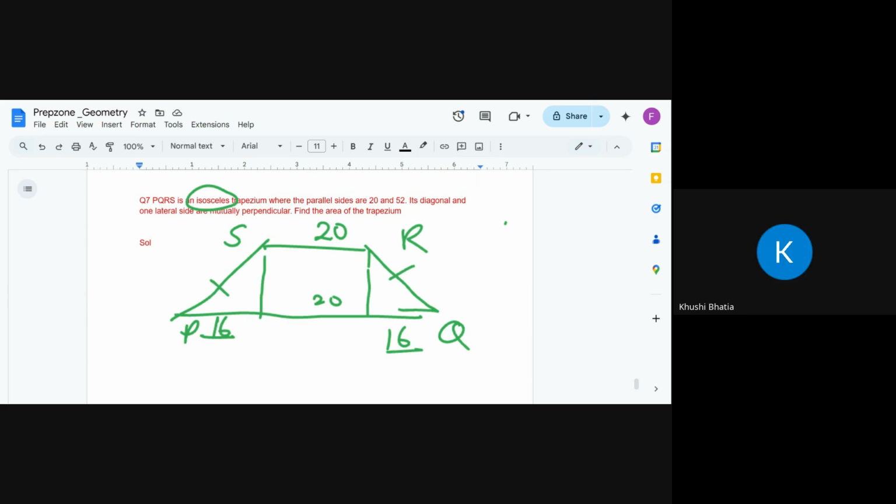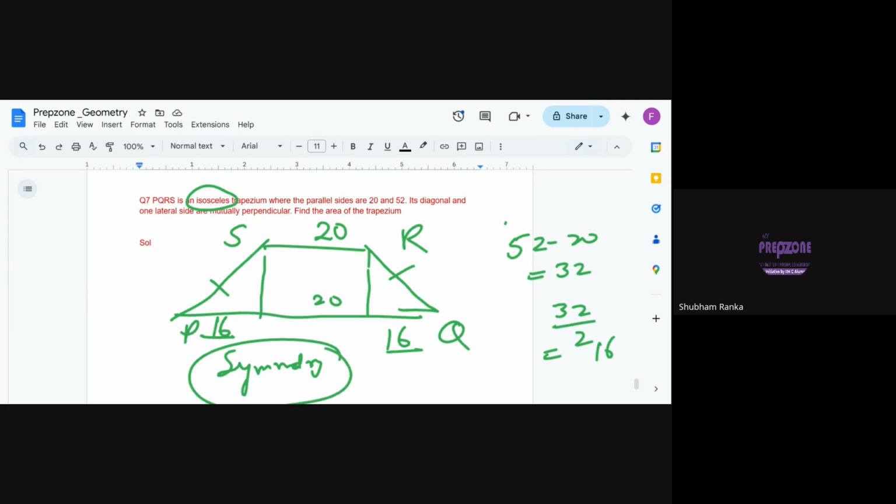No, sir, actually, it's 52 and then we are left with 32. So we are equally dividing 32. Why? Yes. I mean, it's not mentioned here. Let's say if S, I mean our perpendicular, let's say SD, if we give it a name. Symmetry is a word, right? Yes.